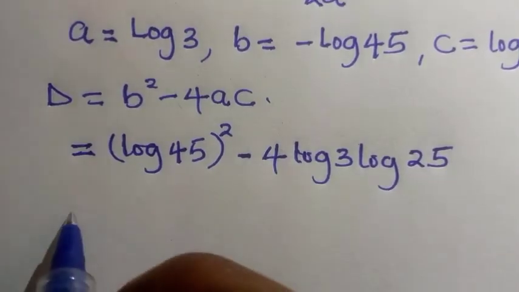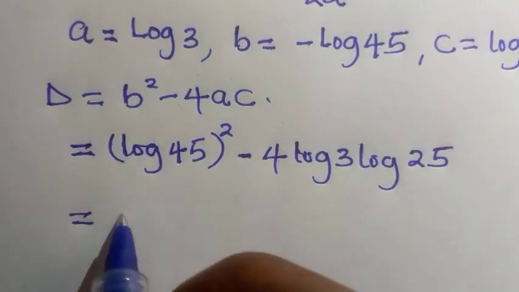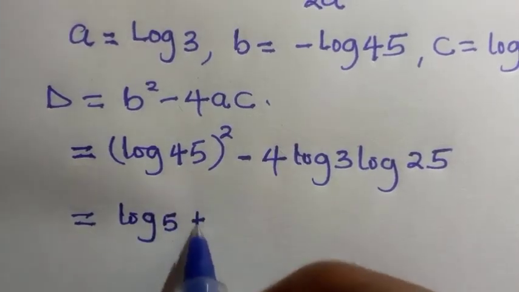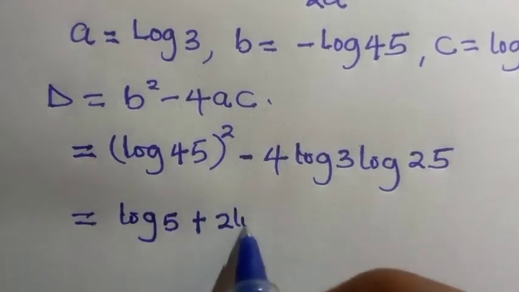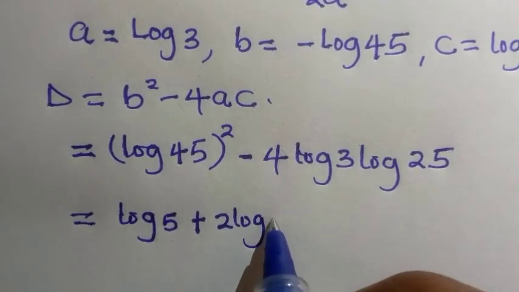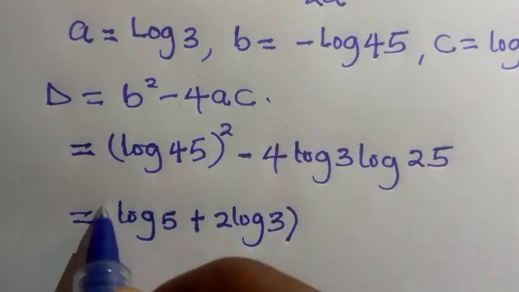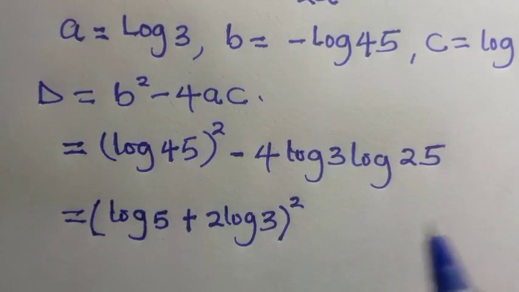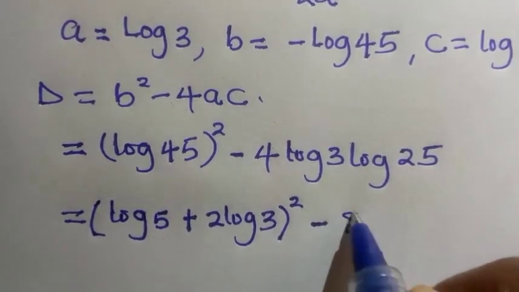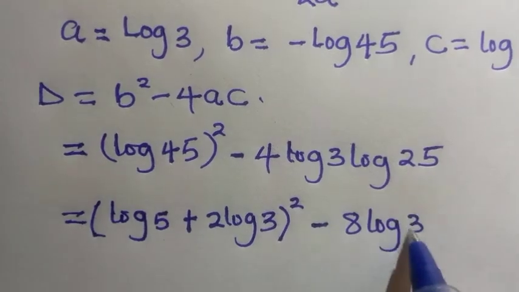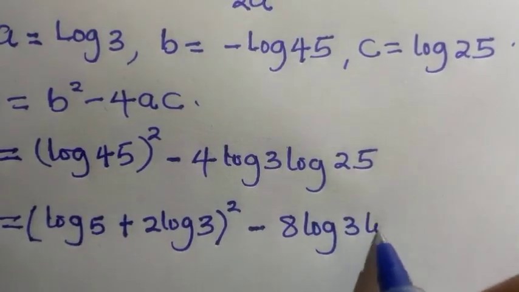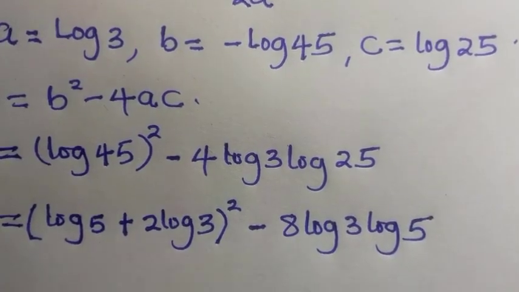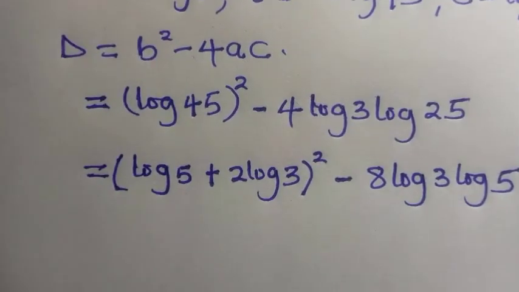Log 45 here, we can write as 5 multiplied by 9, and 9 is 3 to the power of 2. Applying the rule we have already used, we have log 5 plus 2 log 3 all squared, minus 4 log 3 times log 25, where 25 is 5 squared, so 2 times 4 gives 8 log 3 log 5. I don't want to show all of this again, since I've already shown the rule above.